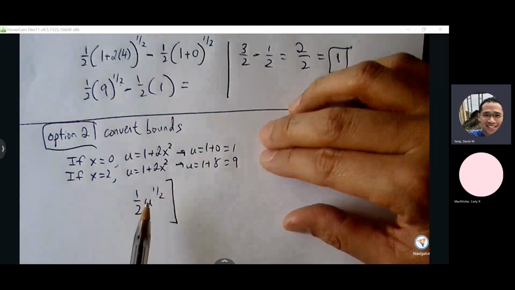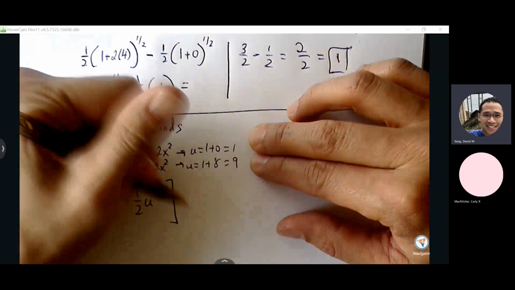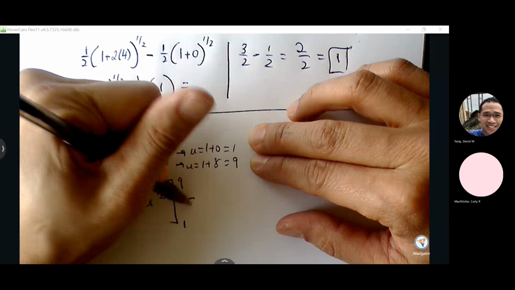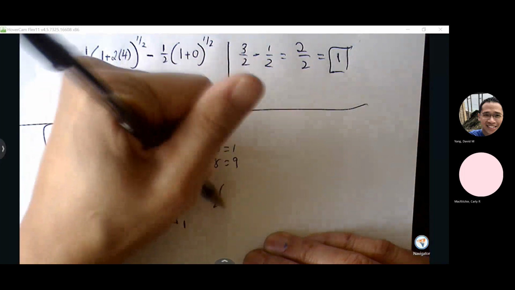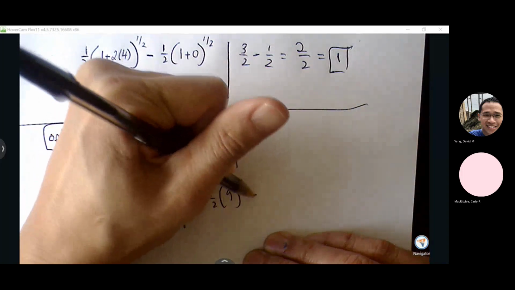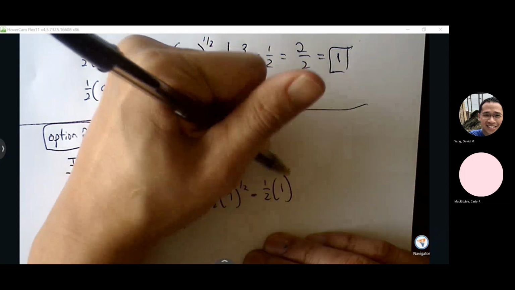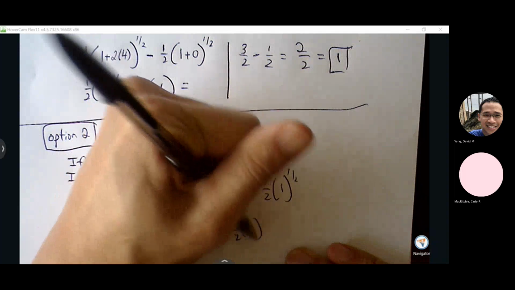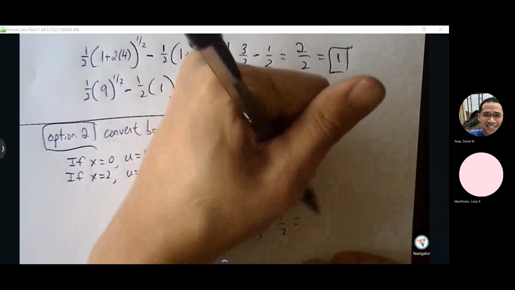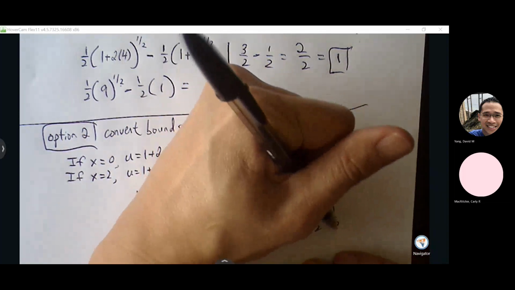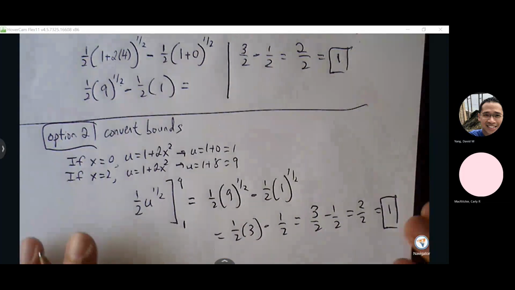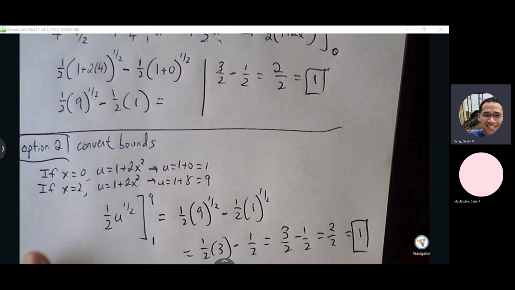And now that my bounds are also in terms of u, same answer, slightly different method.